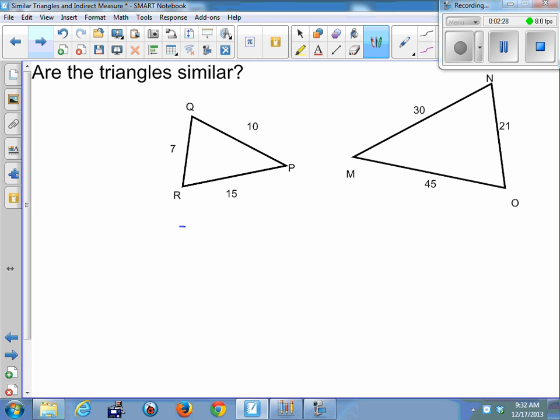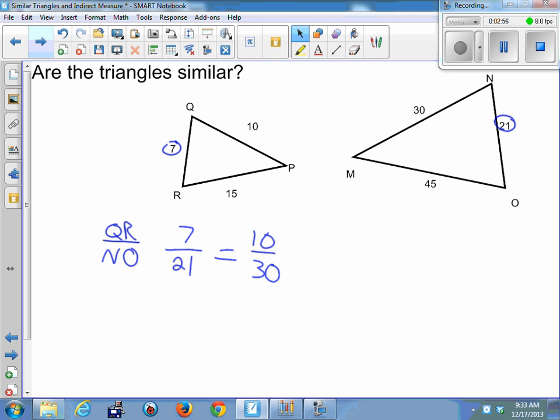Here, I'm just going to start with 7 over 21. So this is QR over NO. 7 over 21. Does that equal 10 over 30?